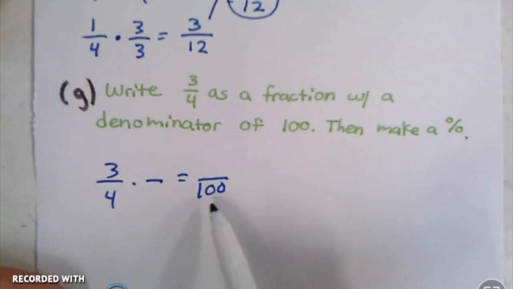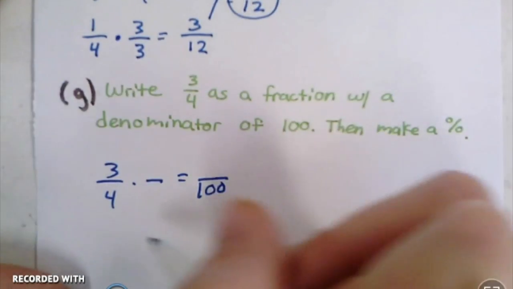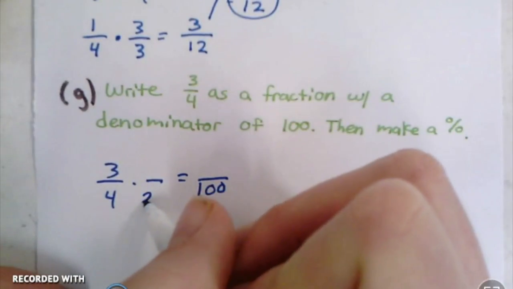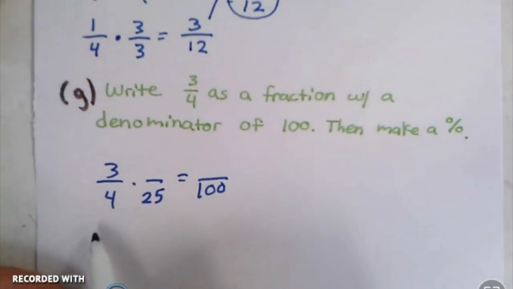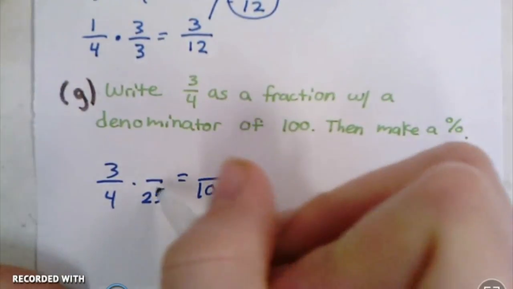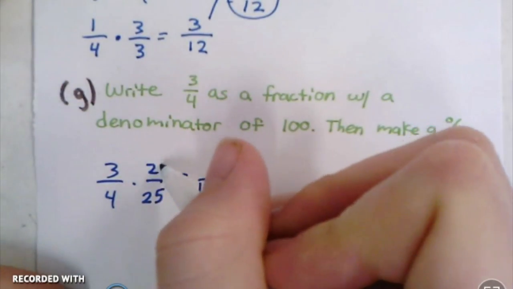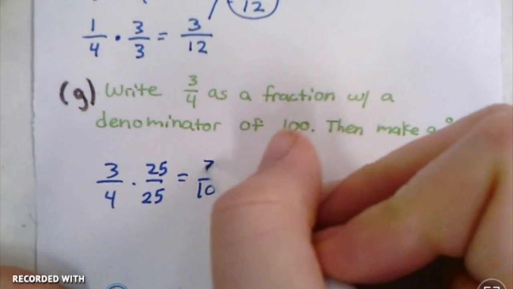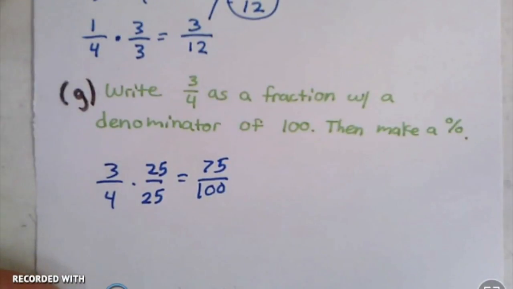If I'm not sure, I can work it backwards. 100 divided by 4 is what? If I did the math for that, or you might just know because of money, that 4 quarters is $1. So 4 times 25 is 100. Whatever I do to my denominator, I need to do to my numerator. And then I can do 3 times 25, which is 75.